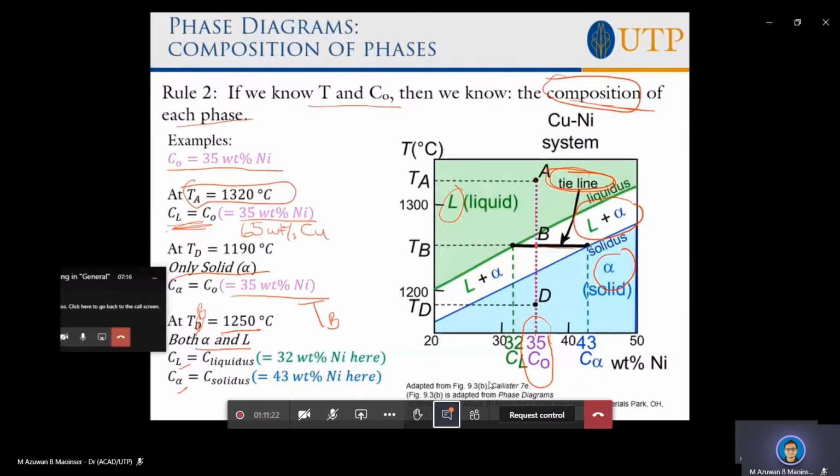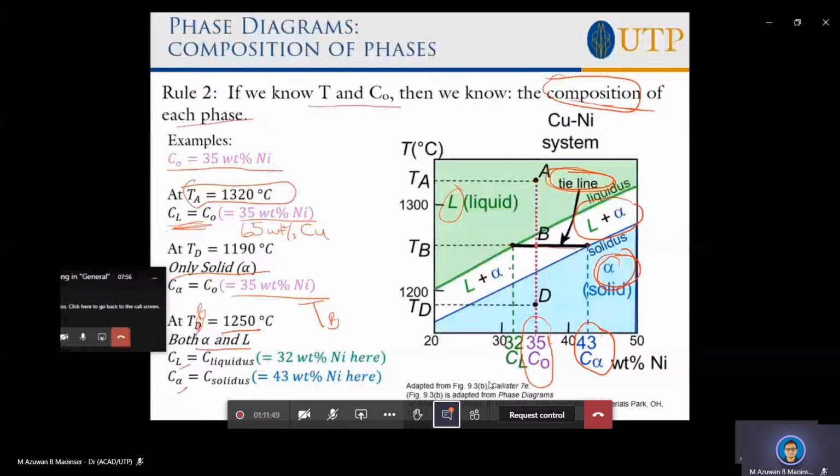So once you reach to the right, this is the region with solid. Therefore, if I read the composition down here, this is actually the composition of the solid. 43 weight percent nickel is in the solid. And on the left side, the line extends until this point.